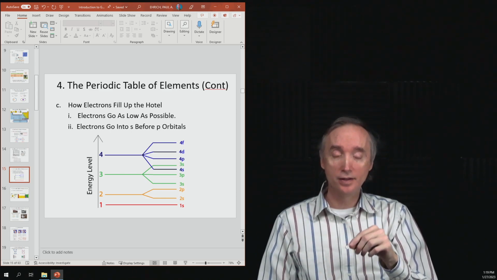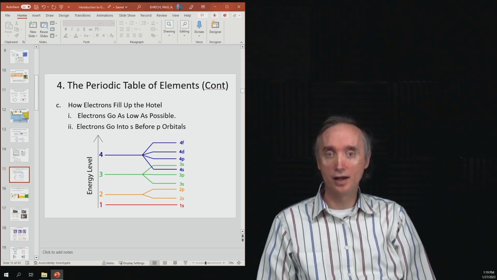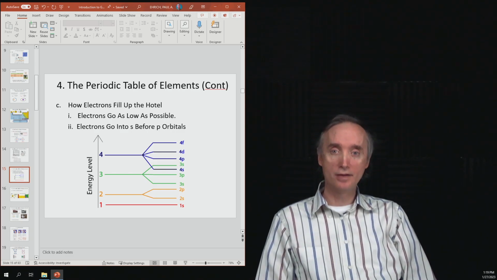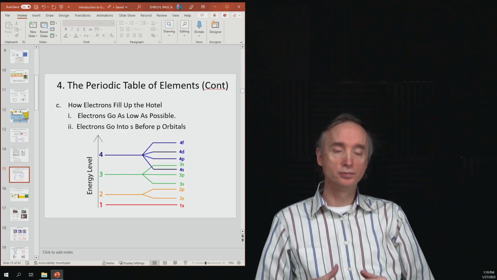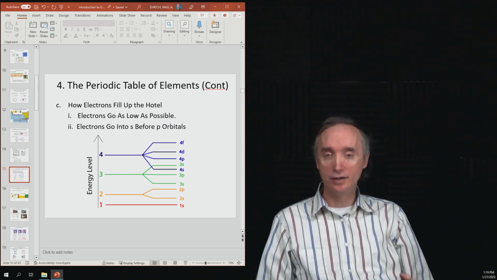Okay, then the other rule that we're going to use is that electrons like to go into the s orbital before they go into the p orbital. And you can think about this as if you go off to school and you live in a dormitory or something like that, and you got a choice.